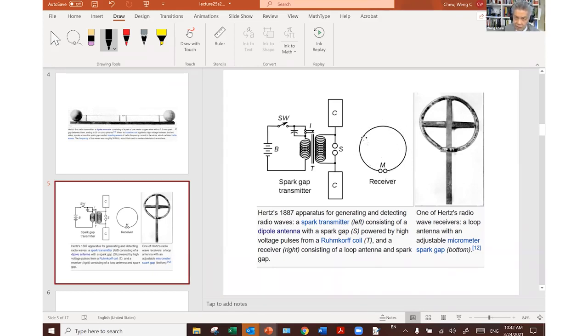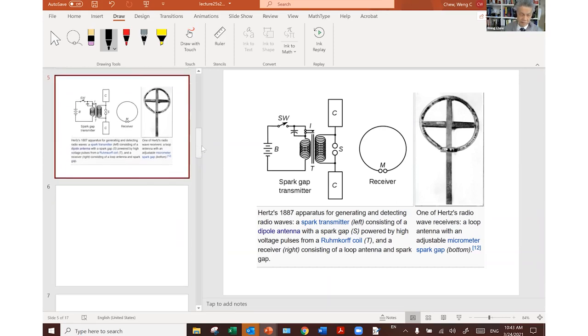The current loop will intercept the magnetic field generated by this antenna, and the magnetic field produces a voltage at this gap by Faraday's law or Lenz's law, and he actually can detect electric sparking at the voltage gap, indicating that, in fact, his receiver is picking up some electromagnetic signals.